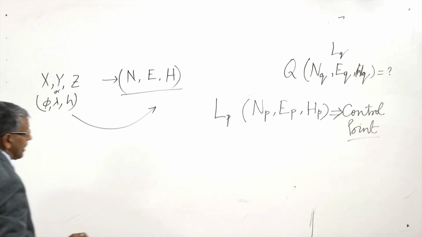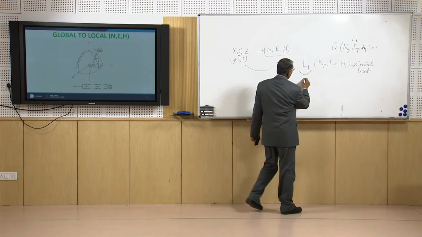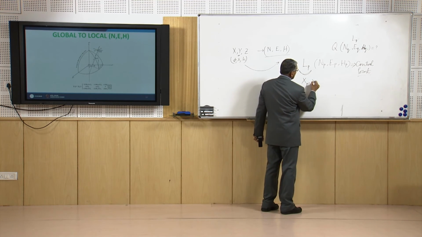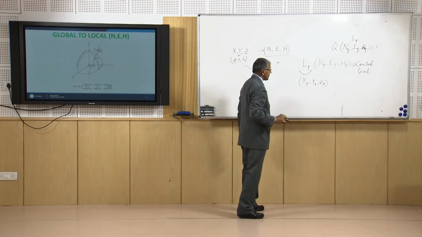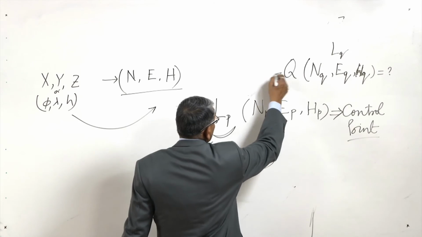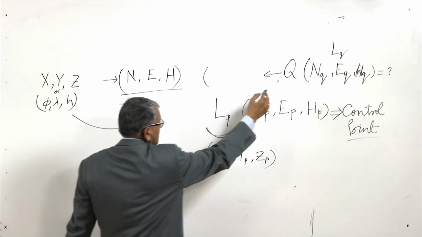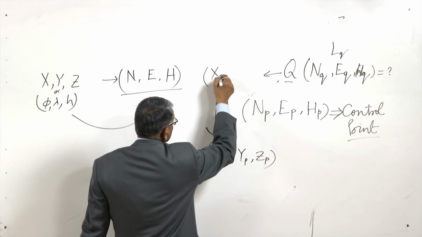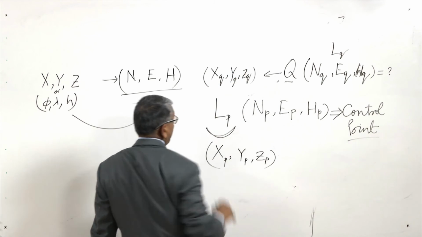Apart from that, we have to take observation at point P, and we will have the Cartesian coordinate using GPS like this, as well as we need to see the local coordinates. We need to take the GPS observation at station Q, XQ, YQ, ZQ.